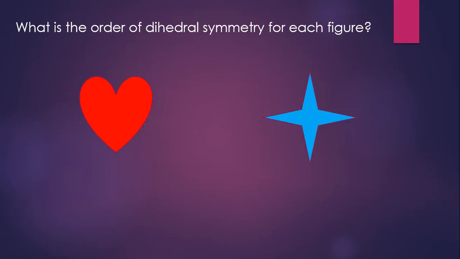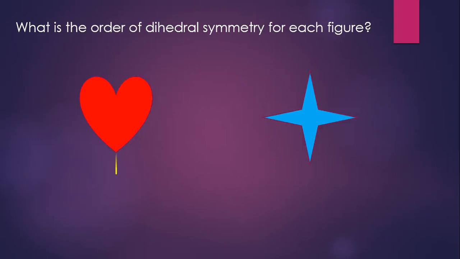What is the order of dihedral symmetry for each figure? So what we're looking for here is the number of lines of symmetry upon which we can fold each figure and get the 2 halves of the figure to match up.